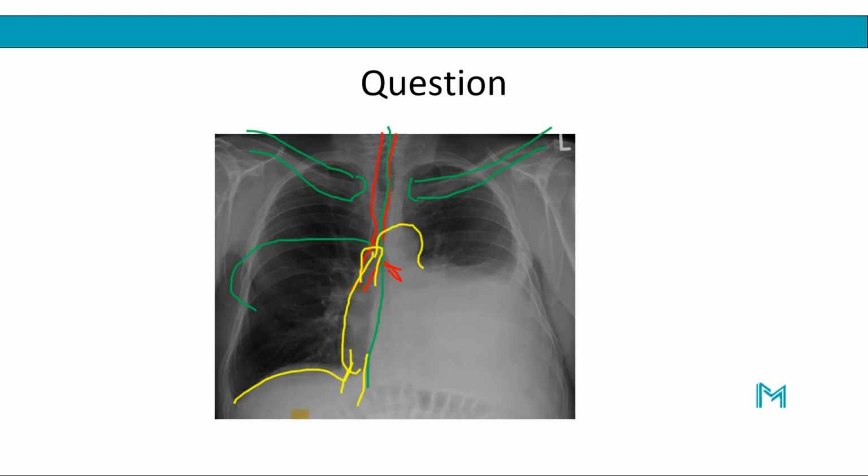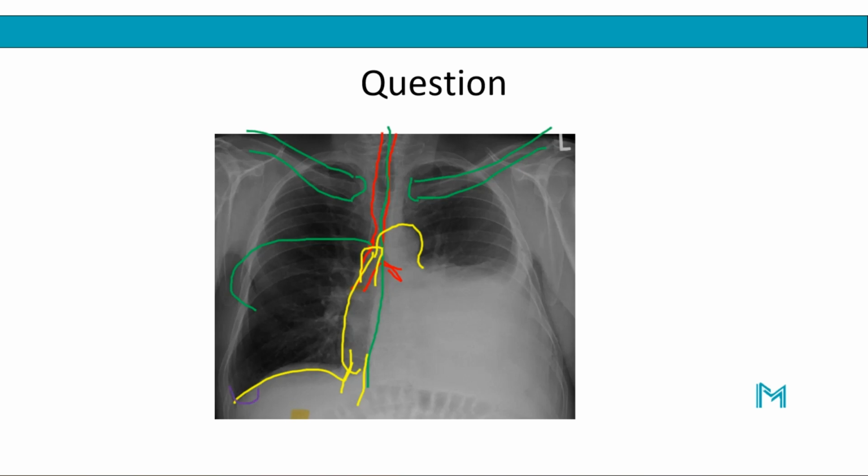E is for effusion. So effusion here is, are there any fluids? And fluids are best appreciated at the costophrenic margins or angles of the image. So you are looking for any evidence of fluid.